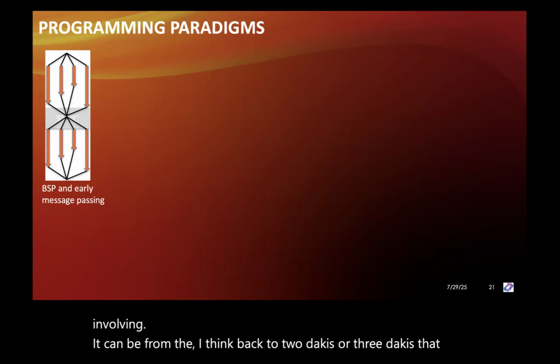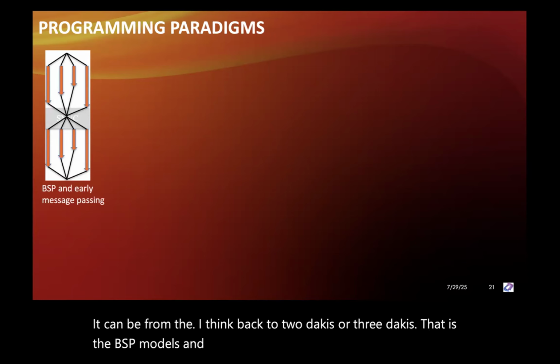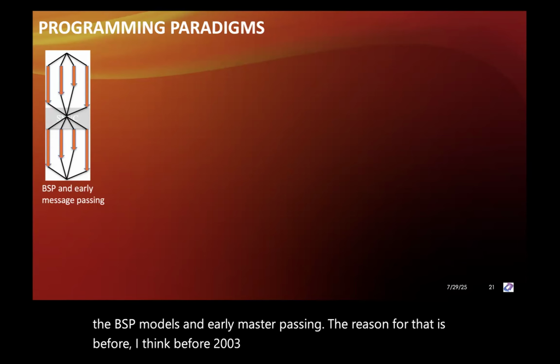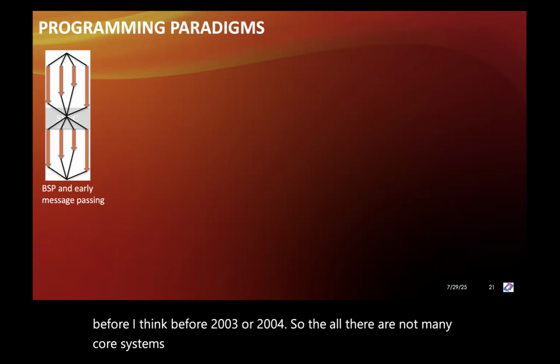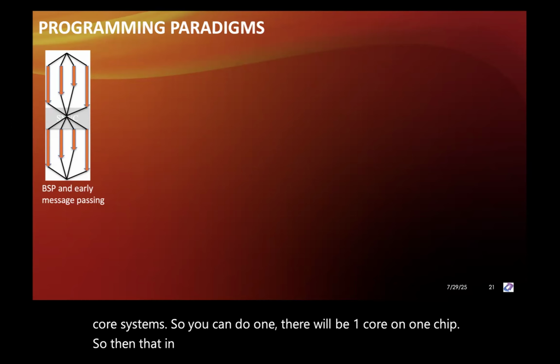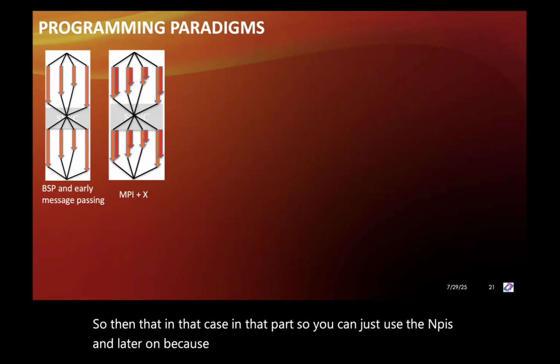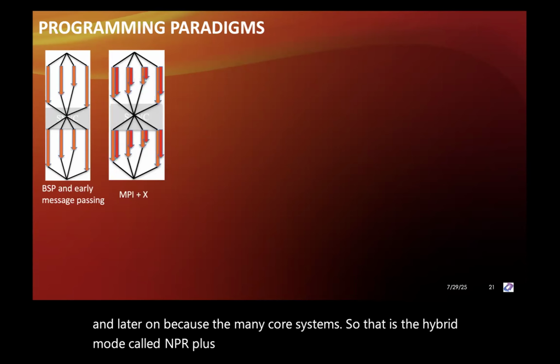That is the BSP model and early message passing. The reason is that before 2003 or 2004, there were no many-core systems; there was one core on one chip. So in that case, you could just use MPI. Later on, because of many-core systems, there is the hybrid mode called MPI plus X, like MPI plus pthreads, MPI plus OpenMP.